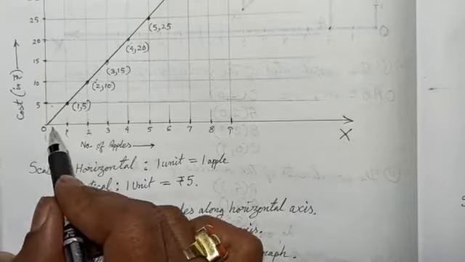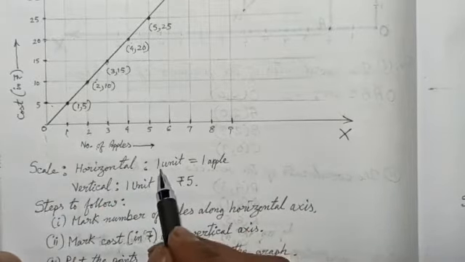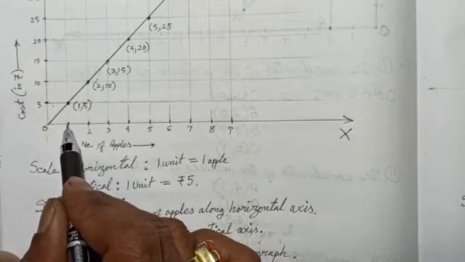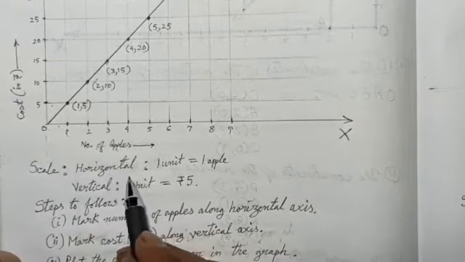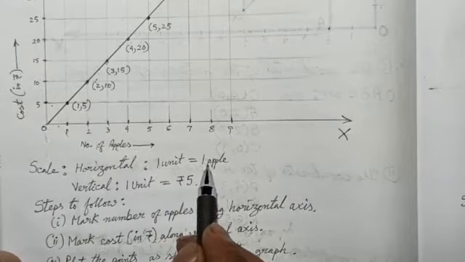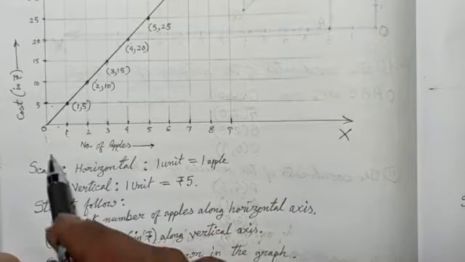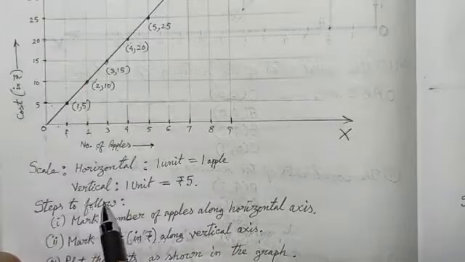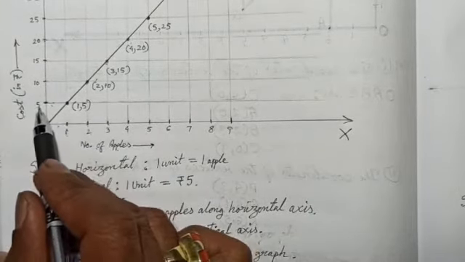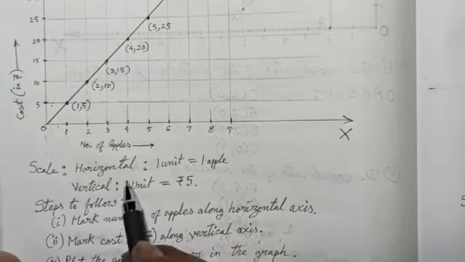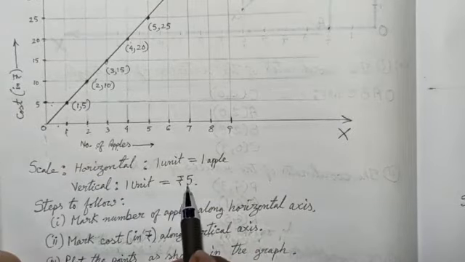Horizontal means this x-axis. From here up to there is 1 unit, and this is 1 apple, so 1 unit is equal to 1 apple. And vertical means this y-axis, and from here up to there is 1 unit, and this 5 is cost in rupees, so 1 unit is equal to rupees 5.